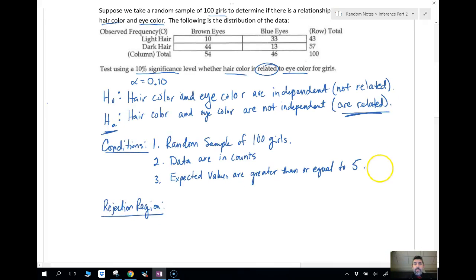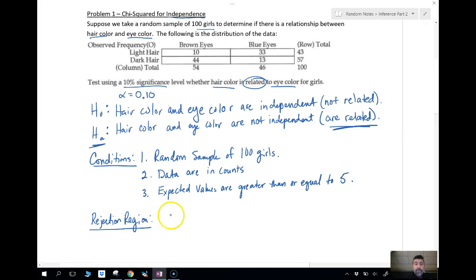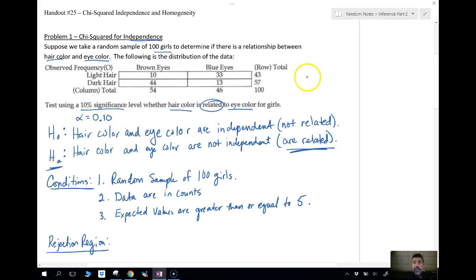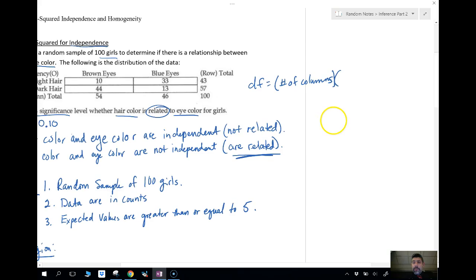So the degrees of freedom for a chi-squared two-way, put it on the side here, is the number of columns minus 1 times the number of rows minus 1. Hashtag of rows. Yeah, it's number sign for those classic people out there.